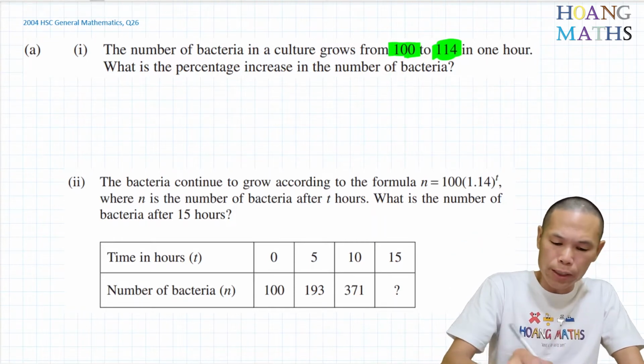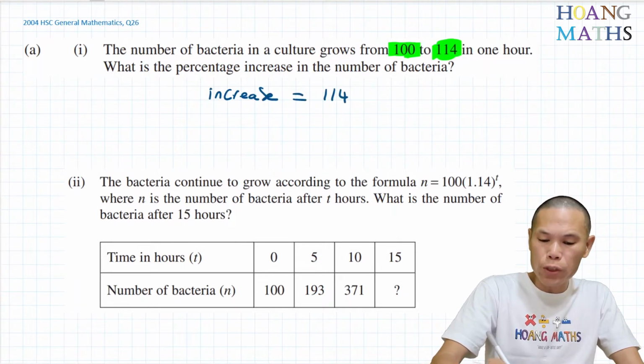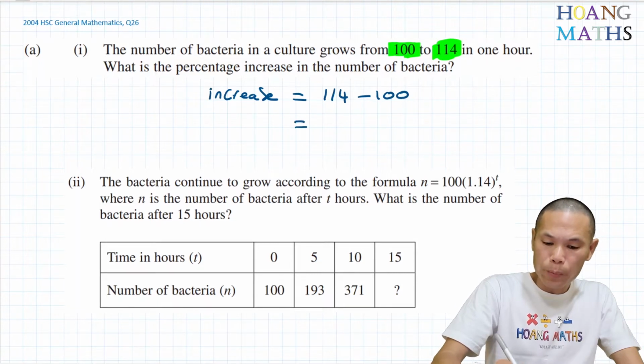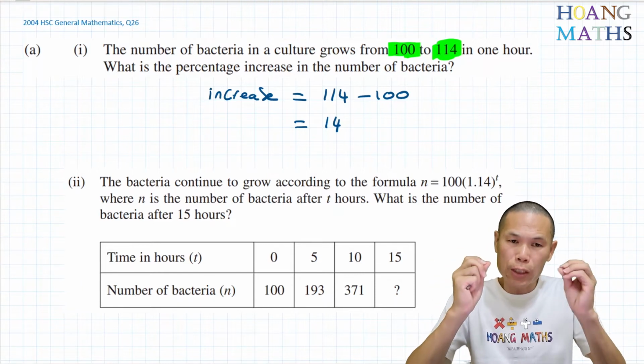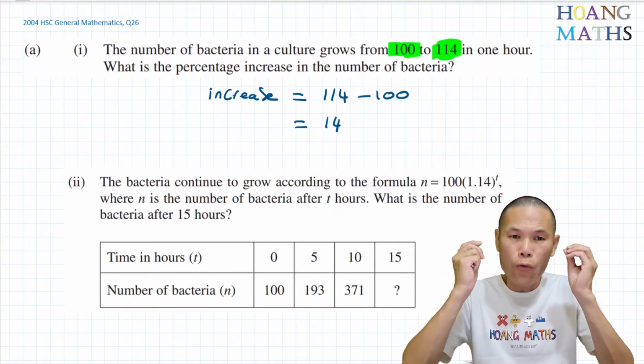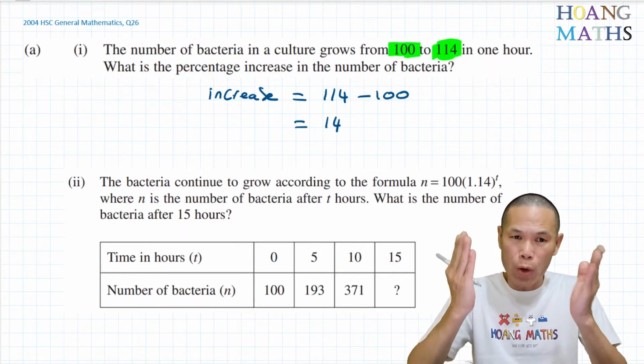So let me just write this down. The increase is equal to 114 minus 100, so that will give me 14. Now to work out the percentage increase, we go increase over the original amount. That is 14 over 100, and we times 100%.